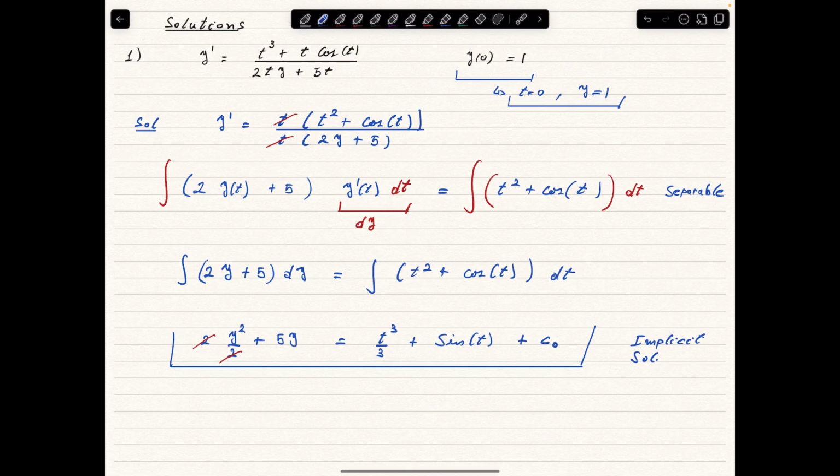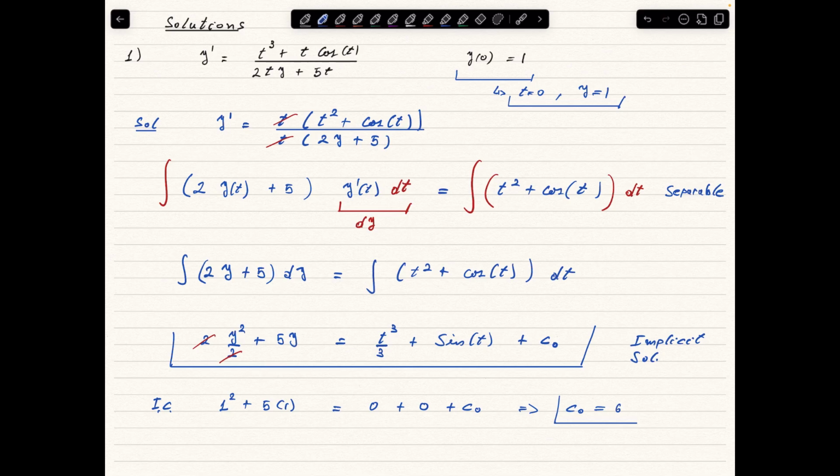So we replace y by 1, so 1 squared plus 5 times 1, and we replace t by 0, so 0 plus 0 plus c0, and from here we get that c0 has to be 6.